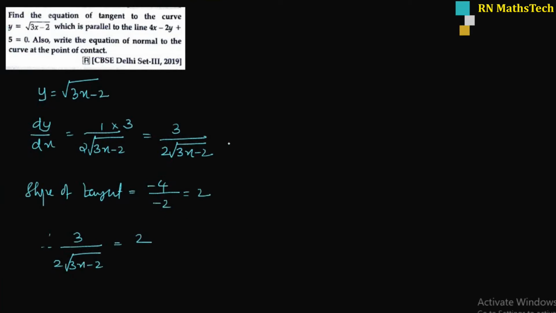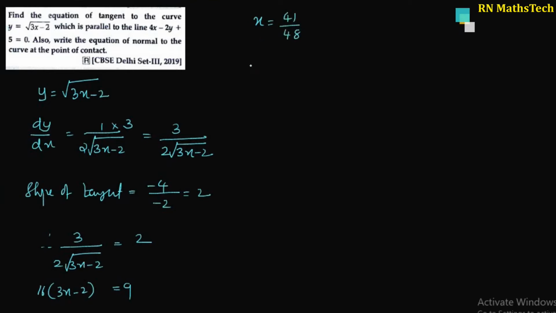So cross multiplying and squaring, 16 into (3x - 2) equal to 9. So x is equal to 41/48.